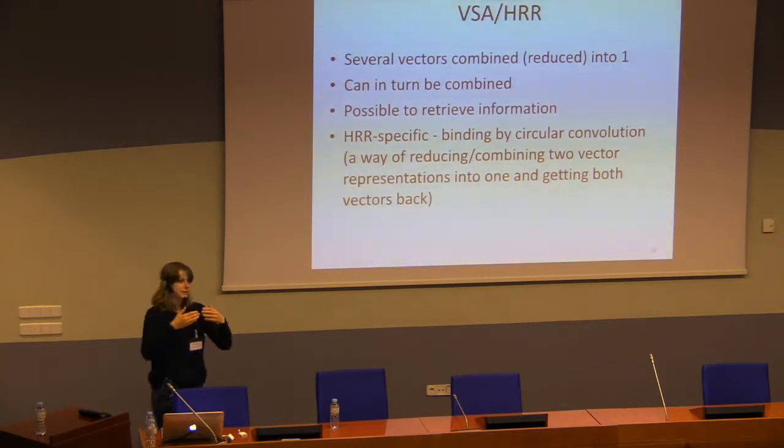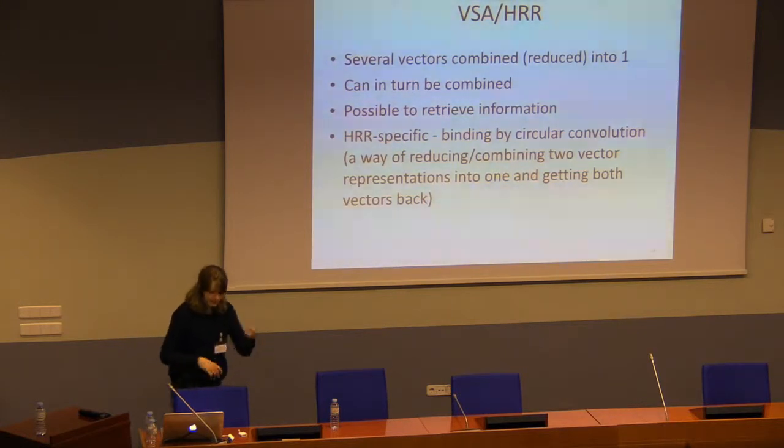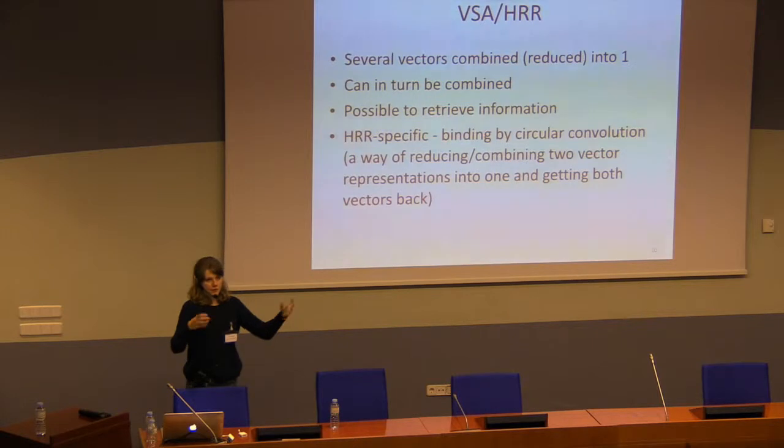And these two vectors, you have to remember, when they're combined into one, it's a representation of both of them to some degree. Then, if they are later combined with more vectors, they should also stay as one same-dimension vector. So this is why there's the term reduced in HRR, because everything you do always stays the same dimensions, but it can go many, many levels up. And of course, the important thing is that you have to be able to retrieve the information.